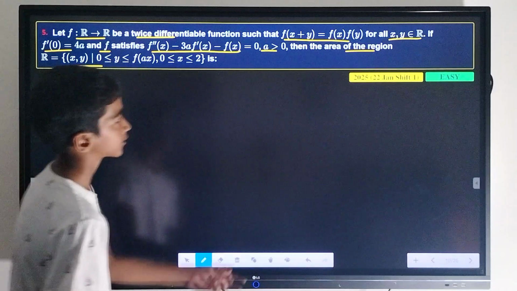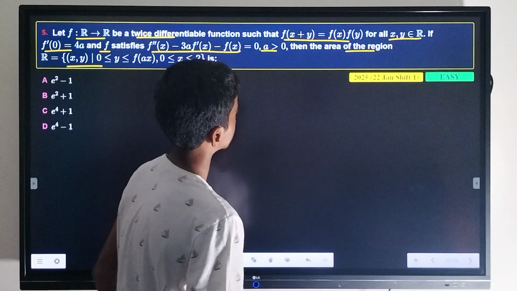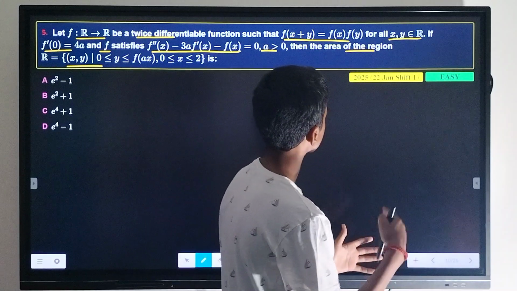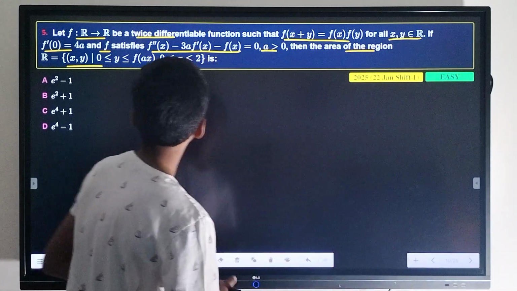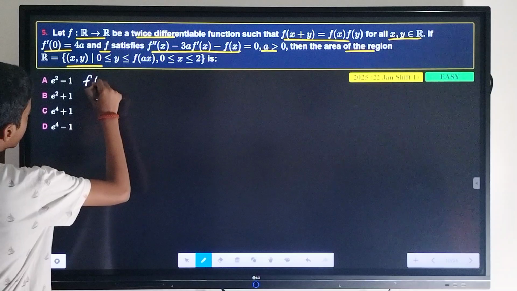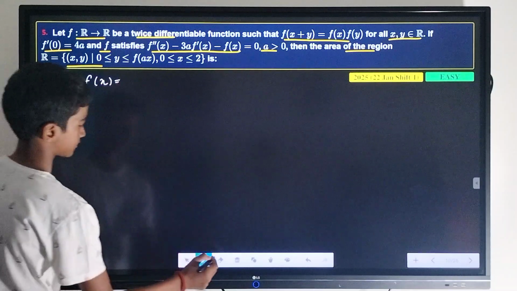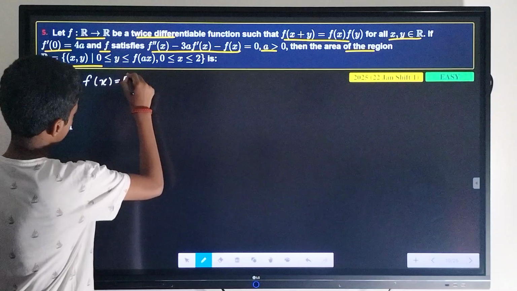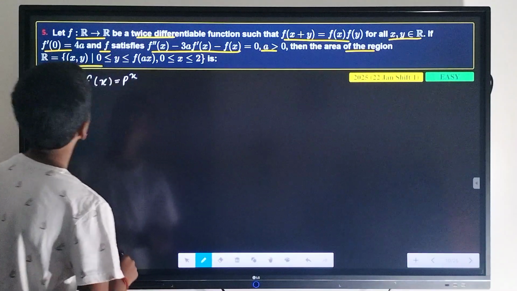So if our functional equation looks like this, f of x plus y is equal to f of x into f of y, we can assume our f of x as p raised to power x.